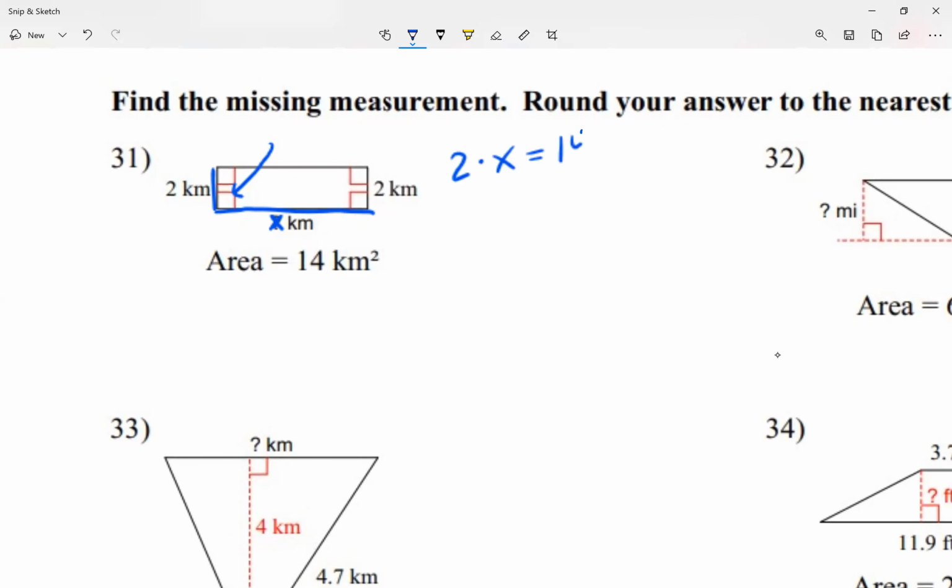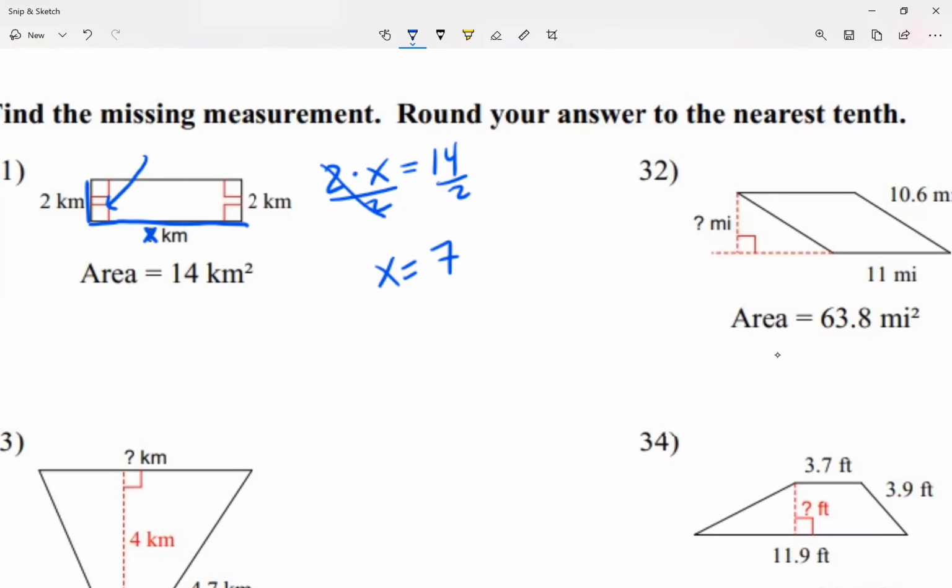It says find the missing measurement, so basically solve for x. The opposite of times is divide. So let me divide by 2, because that way those 2's cancel out. I get the x by itself. 14 divided by 2 is 7. If I get a decimal, in this case, round your answer to the nearest tenth, which means 1 decimal place.